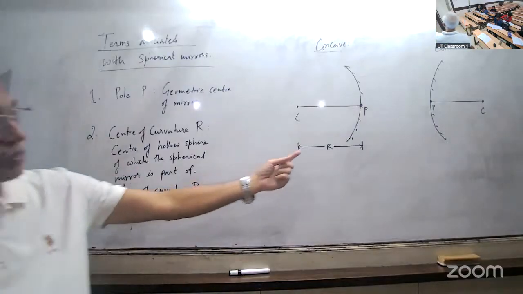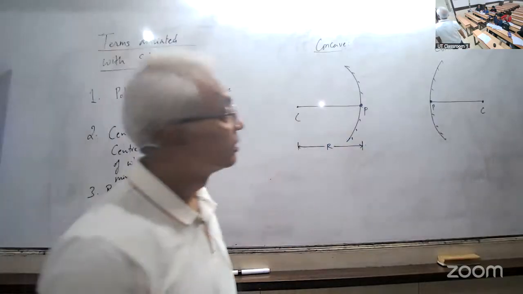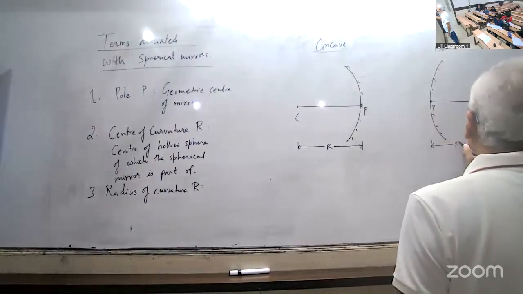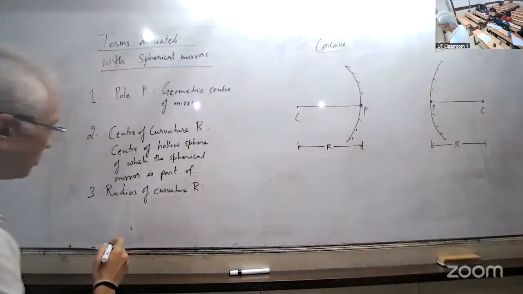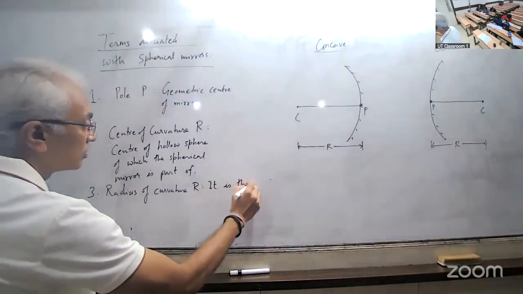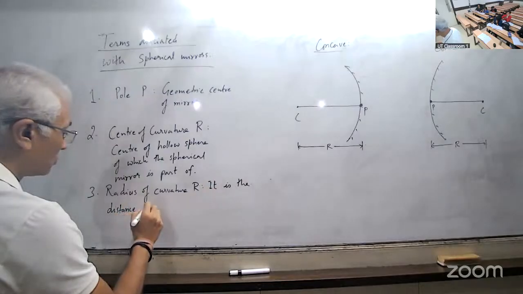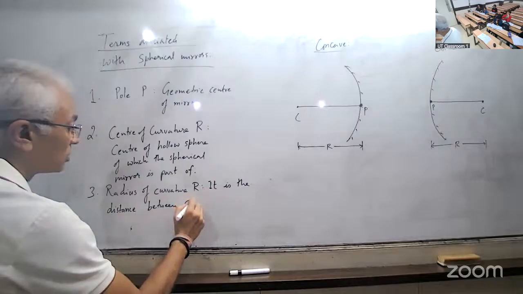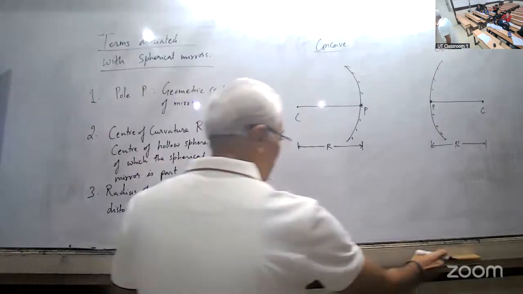So the radius of curvature for a concave mirror is on the left side, whereas for a convex mirror, it will be on the right side. What is radius of curvature? It is the distance between P and C, from the pole to the center of curvature.